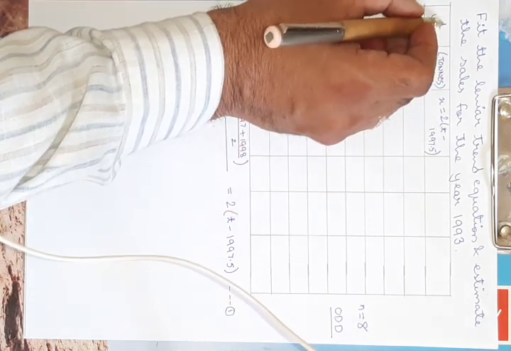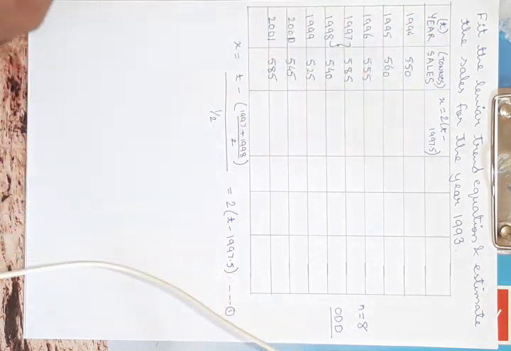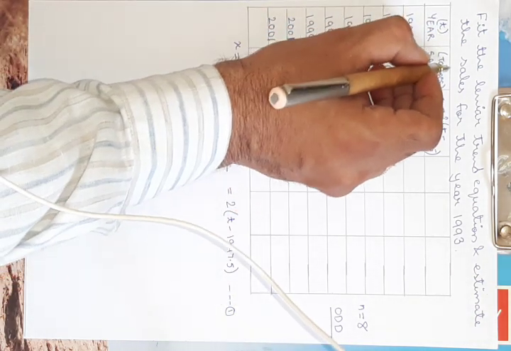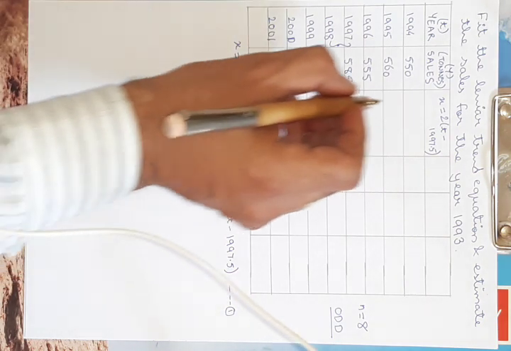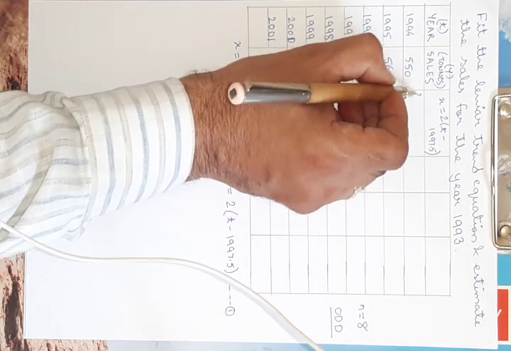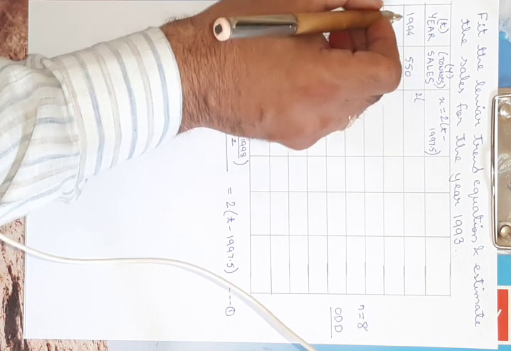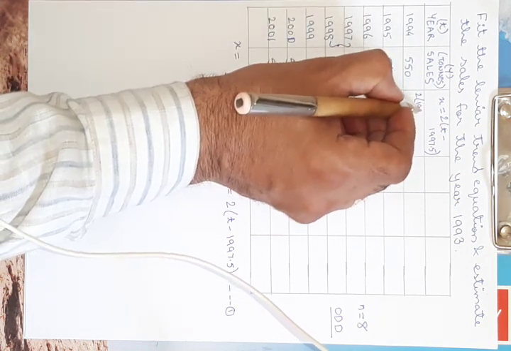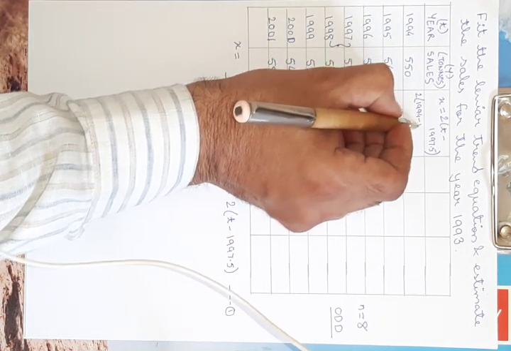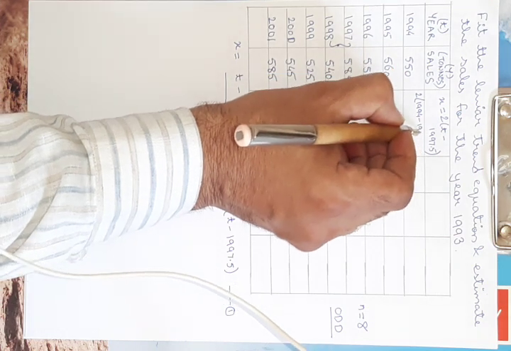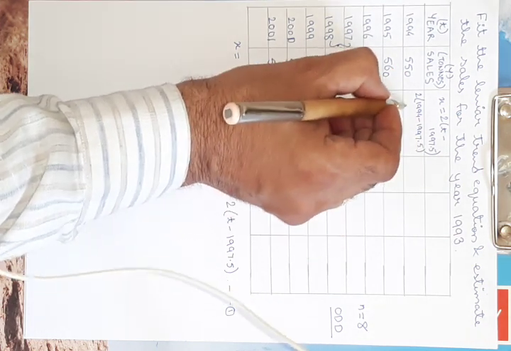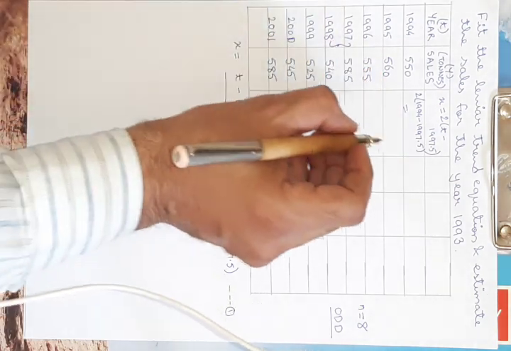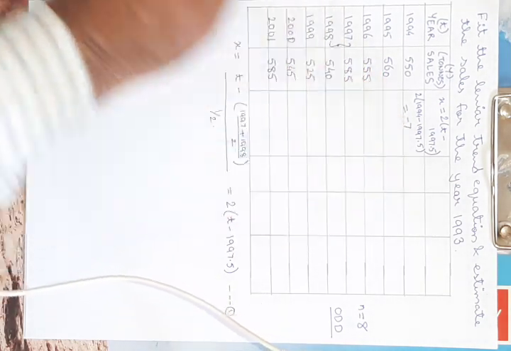Here the year is represented by small t, whereas the sales in tons is represented by small y. For the first, t is 1994 minus 1997.5, but this is 2 times, so this value will be minus 7.